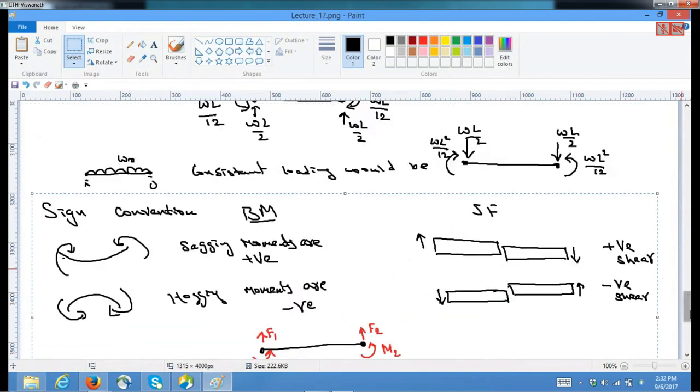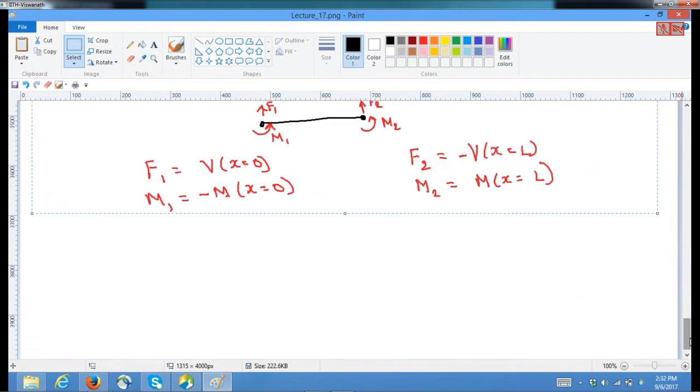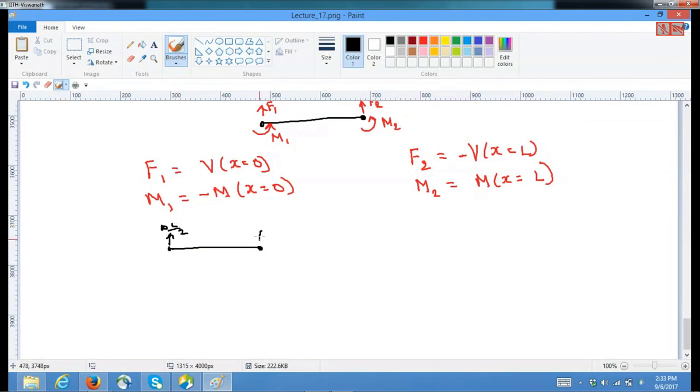So using the same sign convention, what I can write is, this is, anyway, I'm repeating it for the sake of clarity, WL by 2, and this one was the reverse of the thing.